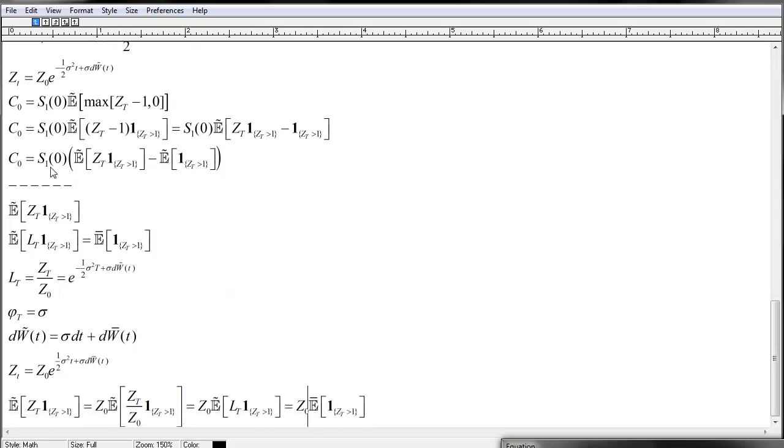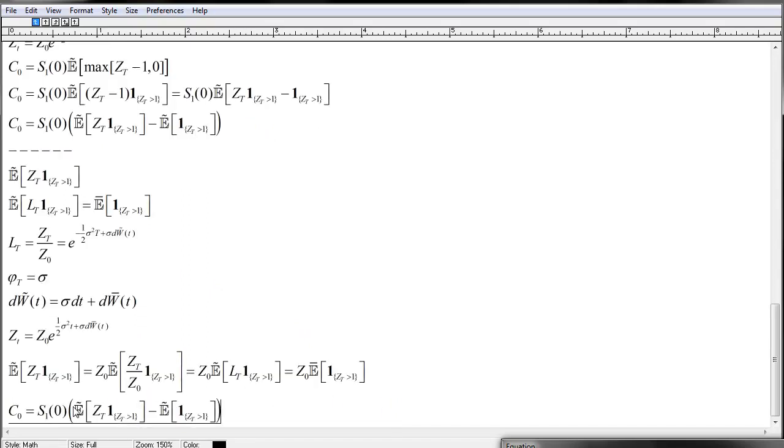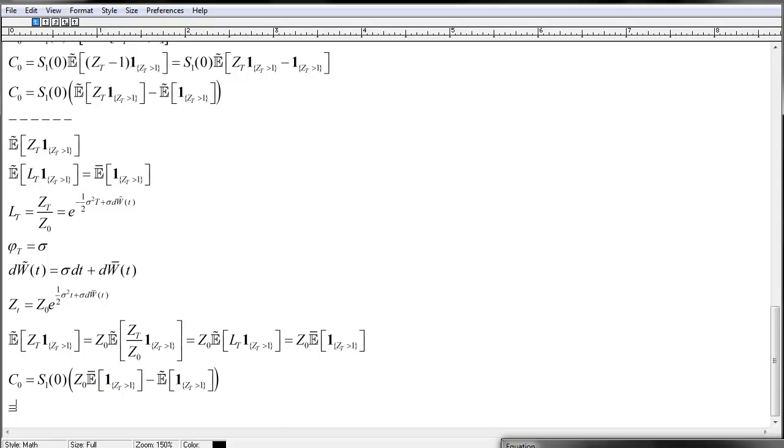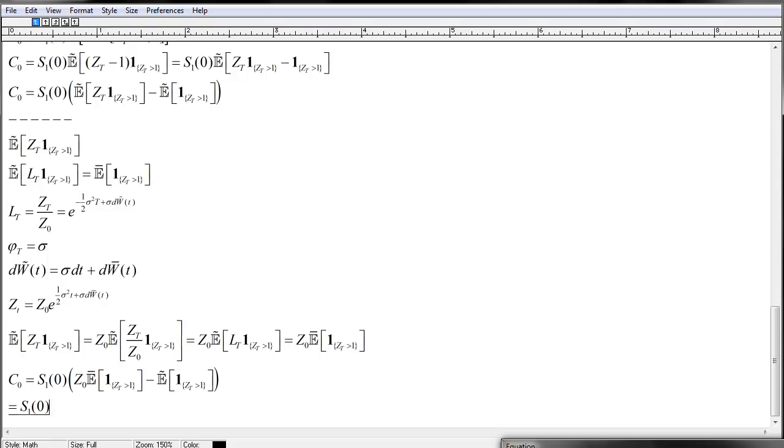Let me put this down, and this one will be substituted with this expression, and the other one I'll keep. Well, what's the expectation of an indicator function? It's the probability of the event to happen.